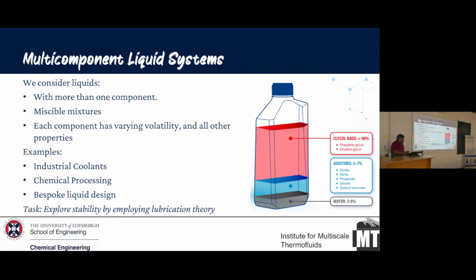Typically, consider a coolant system, just as an example. If you look at it, there's no interface, so it looks homogeneous. It's a miscible mixture. You usually have some glycol, and all kinds of additives. You'll have water, of course. So it's a pretty complex mixture.